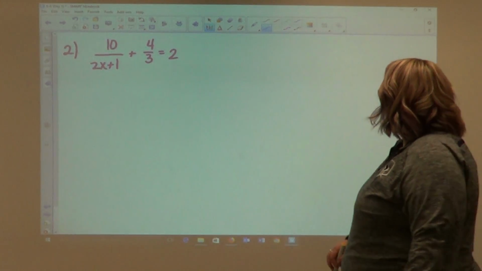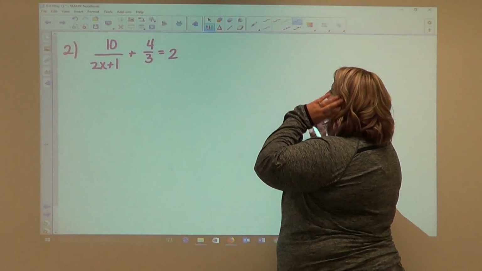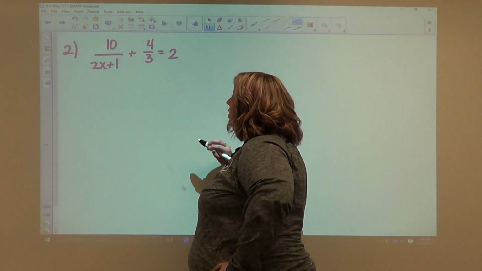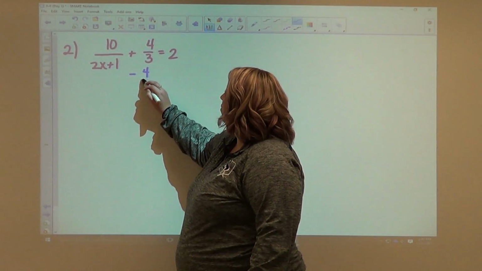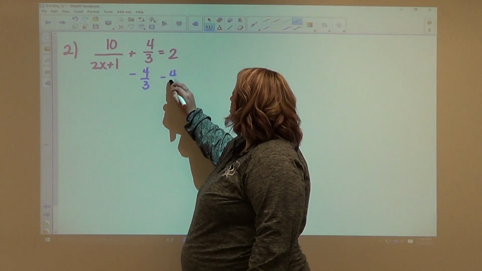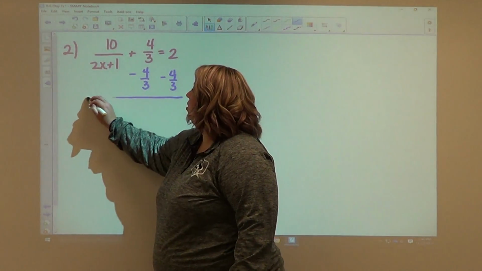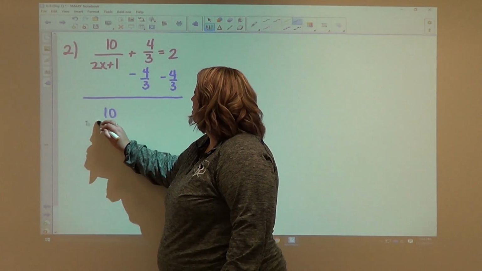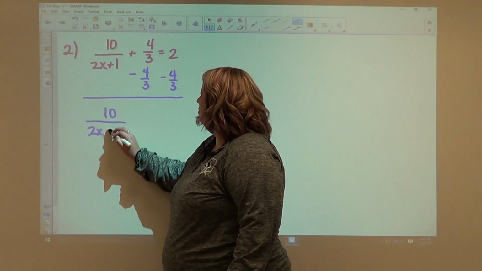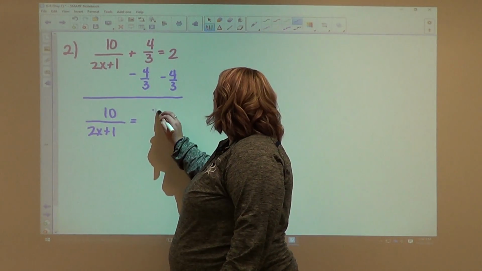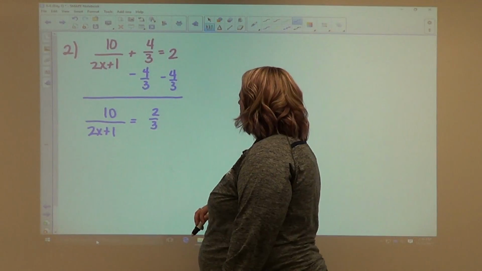So what I would do on this one is move the parts that don't have a variable in the bottom to the other side, so I would subtract 4/3. So I would have 10 over 2x plus 1 equals 2/3.